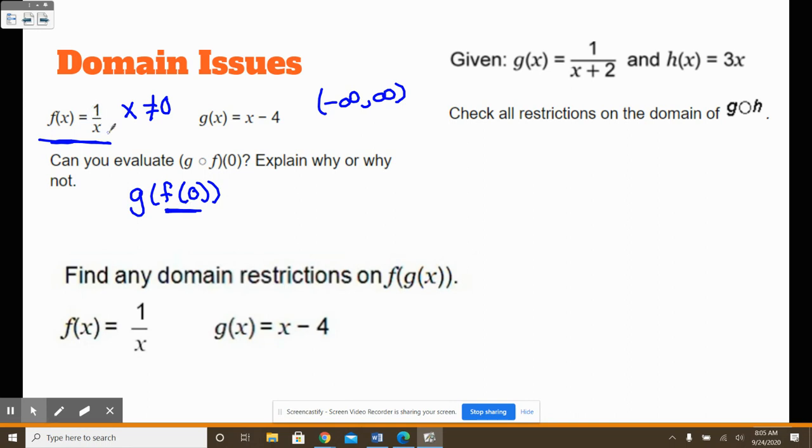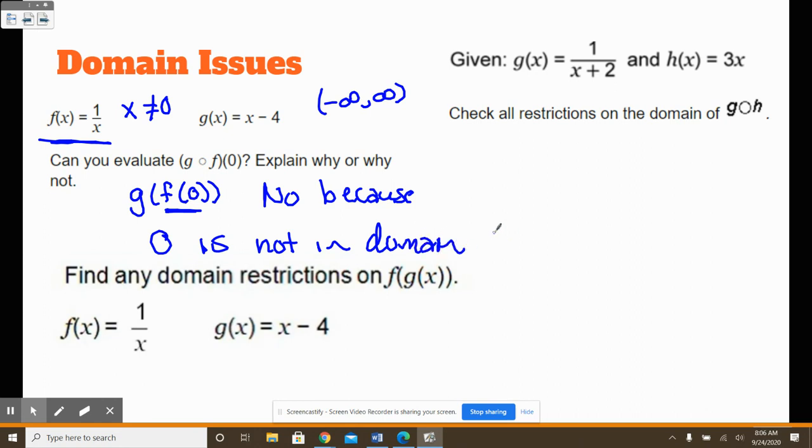Nope, you can't do it. f of 0 would break the machine. You cannot do that. And it would be because 0 is not in the domain of g of f of x, or f of x, which happens first.